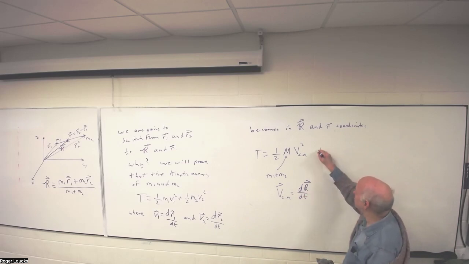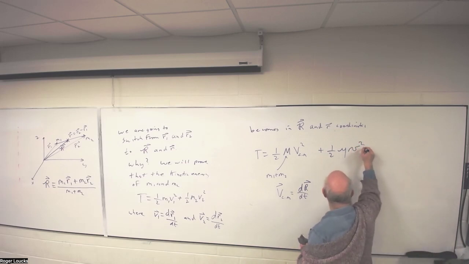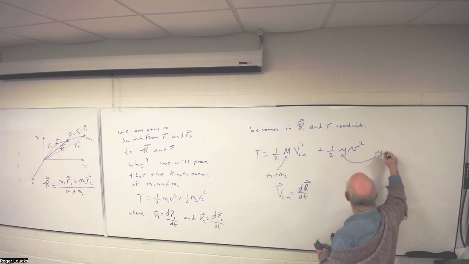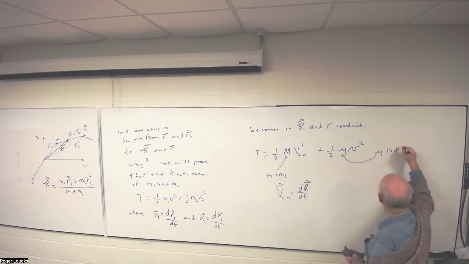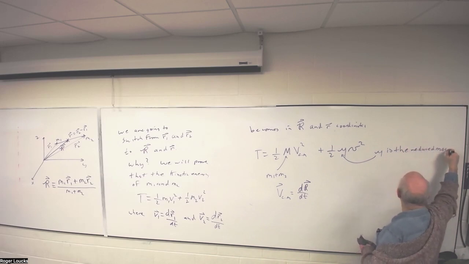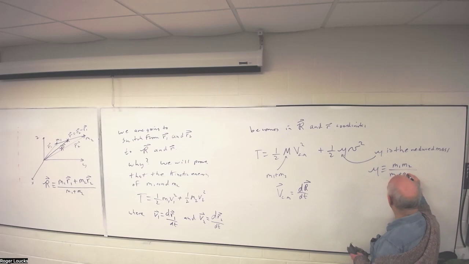Plus 1/2 mu, and this is the term we need, a mu, times V squared. This is a script V. This mu here is called the reduced mass. And this mu is by definition M1 M2 over M1 plus M2.